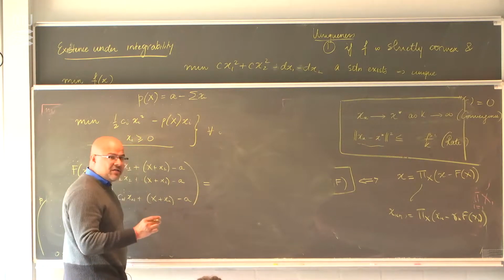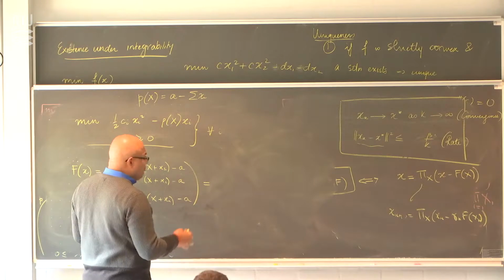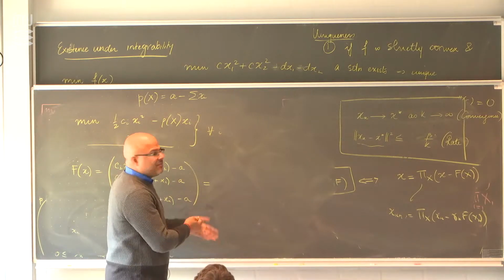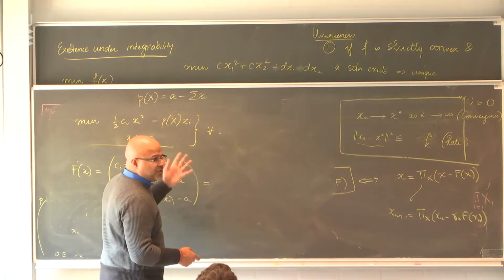Then I can write this in the following fashion: as a matrix times something else. Why? Because this is an affine map. It's one of the benefits of Cournot. So I'll show you why that helps.